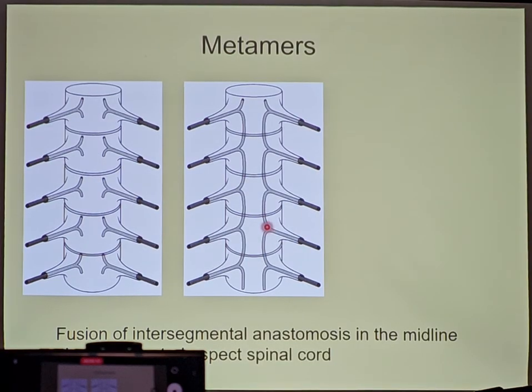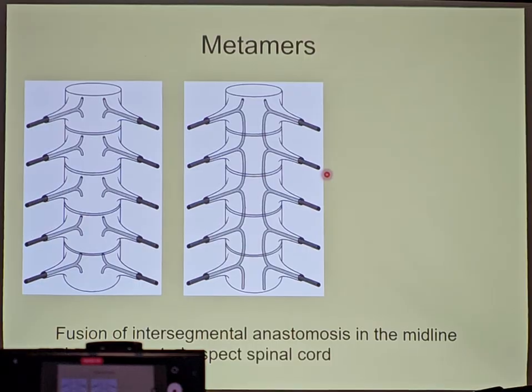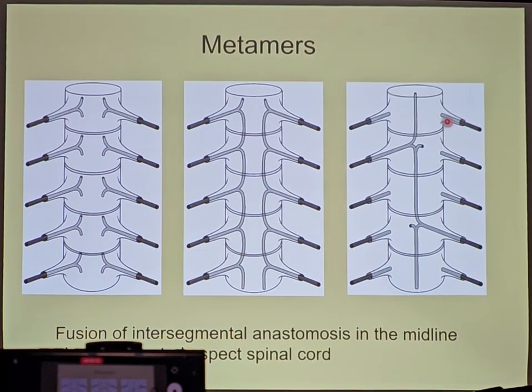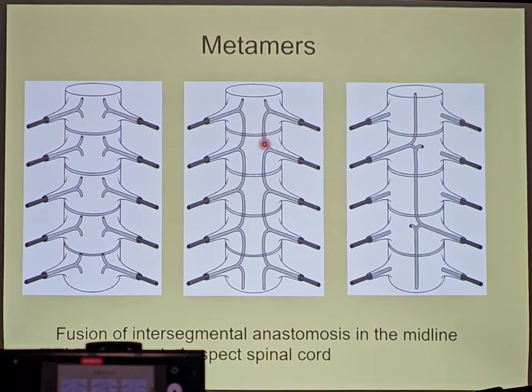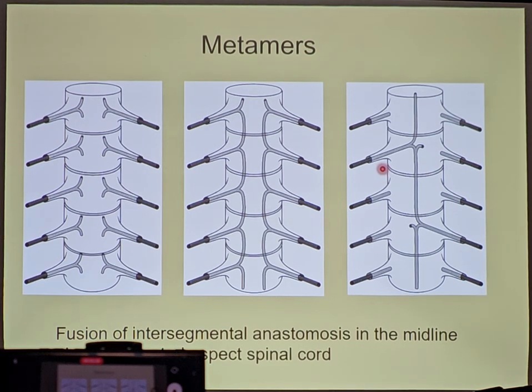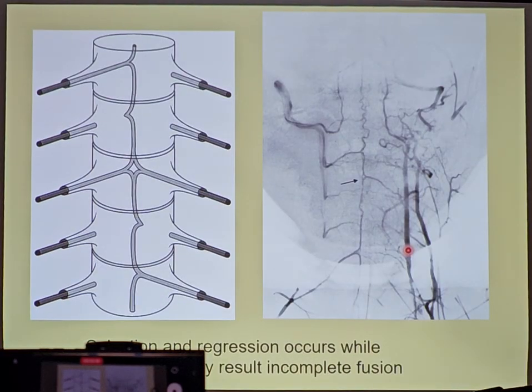Then endosclerotic channels develop between the segmental supply to the spinal cord. Then there will be regression of some of these segmental supplies to the anterior aspect and a fusion in the midline of these paramedian vessels, and you will see that there is regression of most of the intersegmental supply to the future anterospinal arterial system.